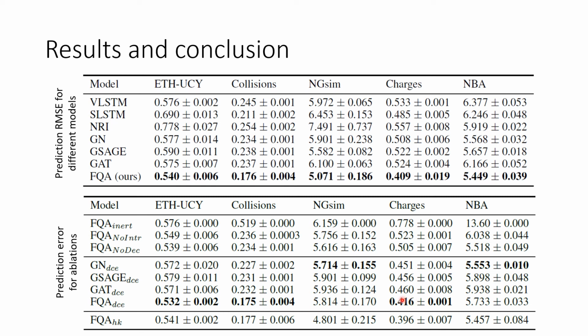in 3 out of 5 distances, while still having comparable error to the best of them in the NBA and NGSIM datasets. And when we add the human knowledge, it doesn't show much of an increase in performance, but it still doesn't increase the error.